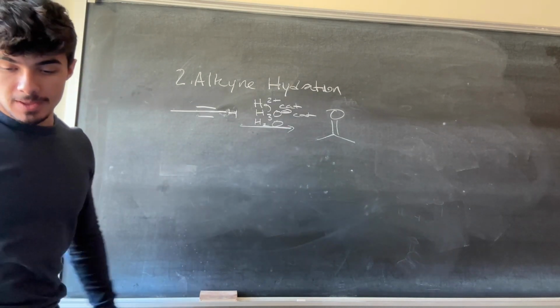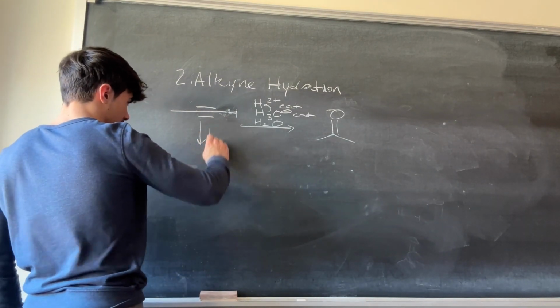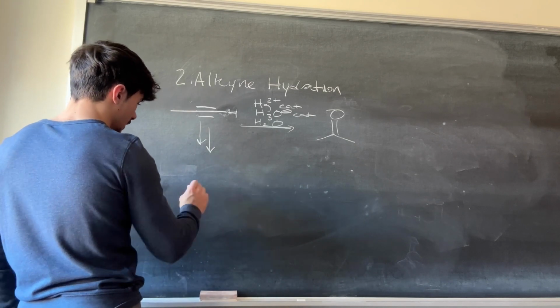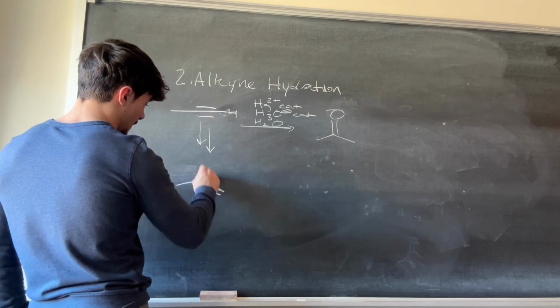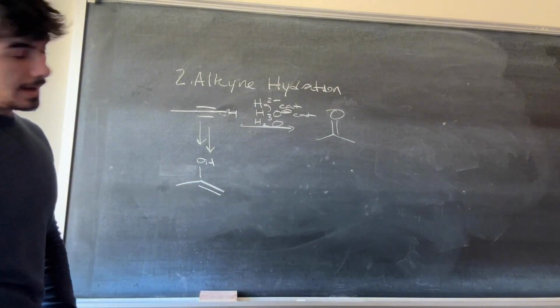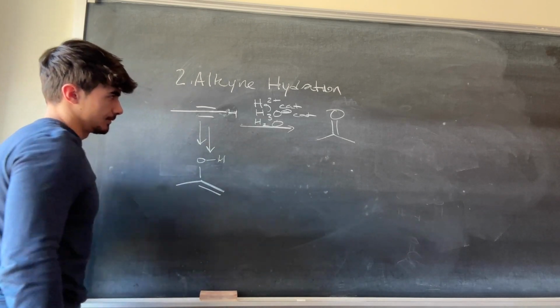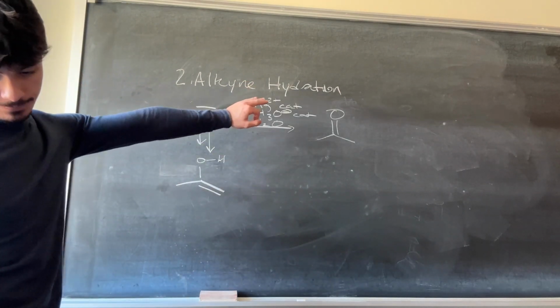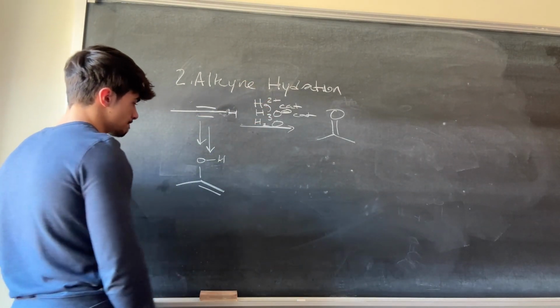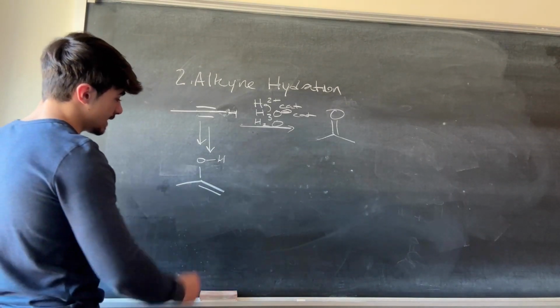So how does this one work? Skipping the chemistry not relevant for this course, we're going to go straight to the point where the alcohol is on. From here, we're going to do tautomerization, and this is under acidic conditions, which is important to know. First, I'm going to start by protonating the alkene here.